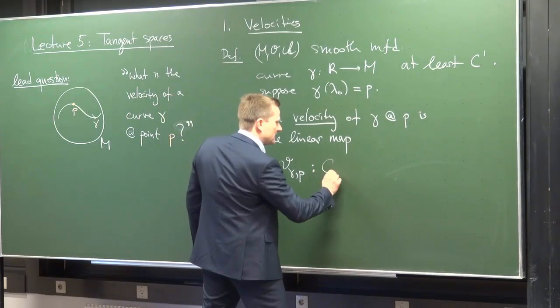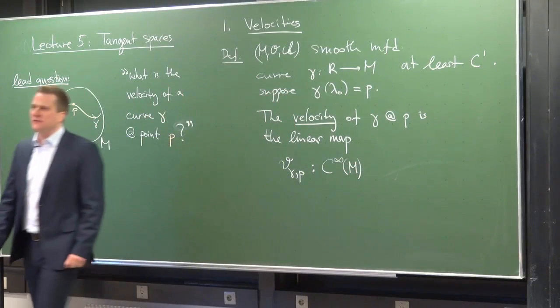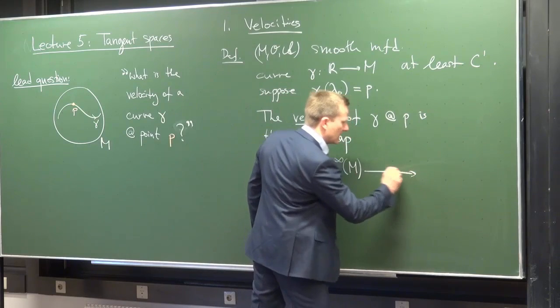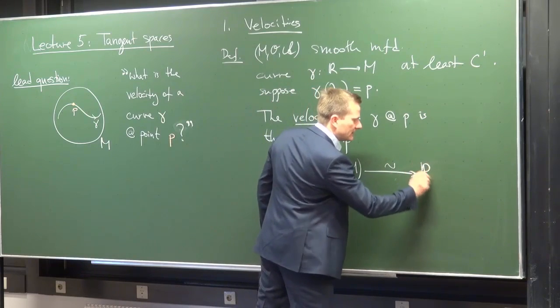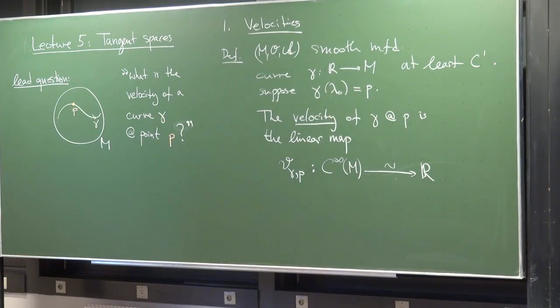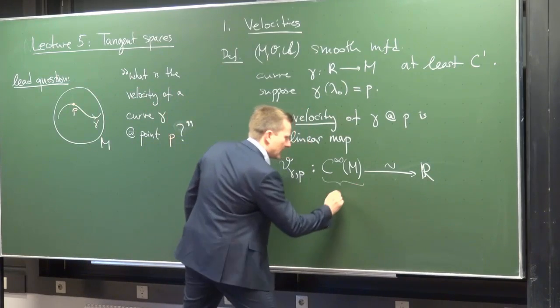The vector space we start from, which I will explain in a second, is the vector space C infinity of M, an inspiring name, a very simple object, with a linear map into the real numbers, which are an R vector space if you equip them with their own addition and multiplication. Now this guy, what is it?